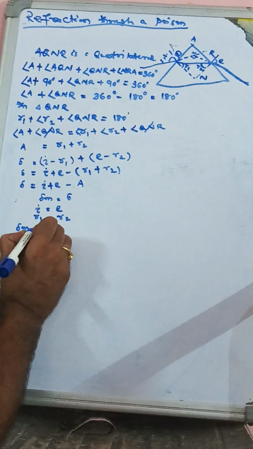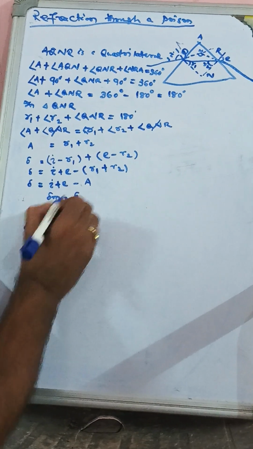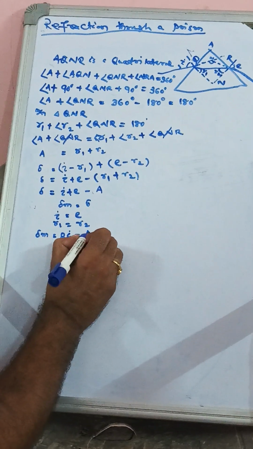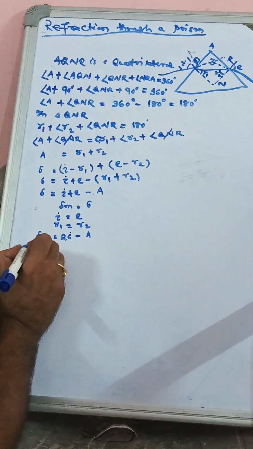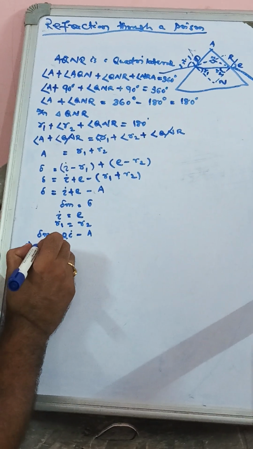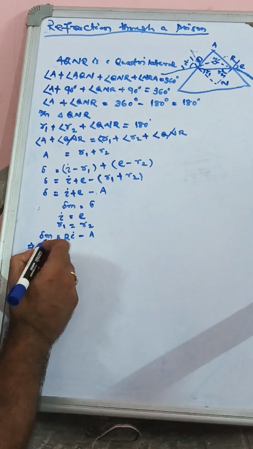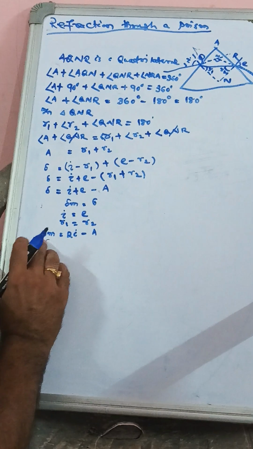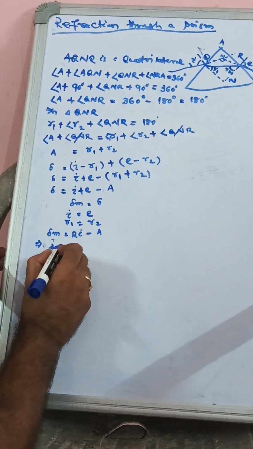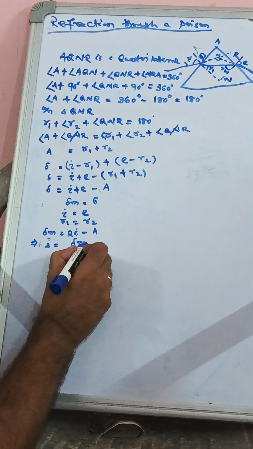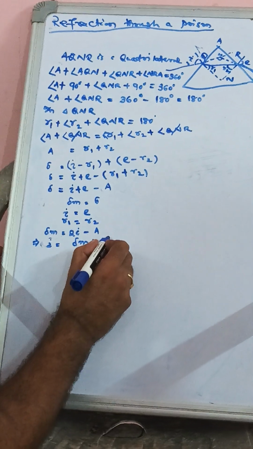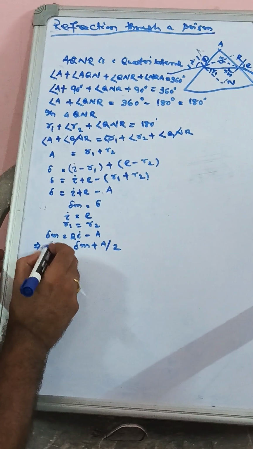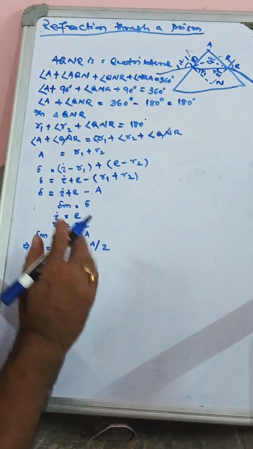Del m is equal to I plus I minus A, that is 2I minus A. This implies that I is equal to del m plus A by 2.